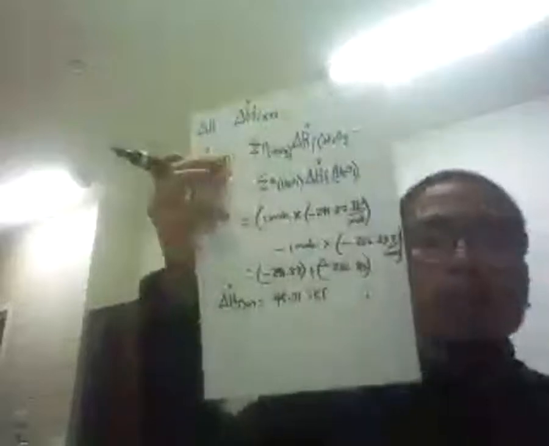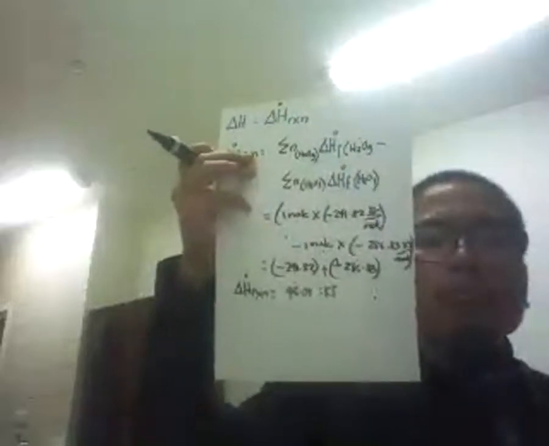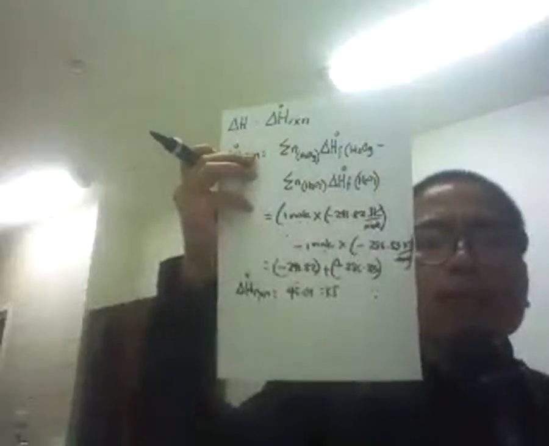45.01 kilojoules. If you try to convert that to joules, let's multiply that by 1,000.